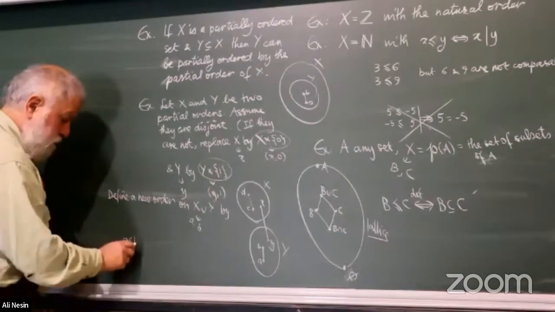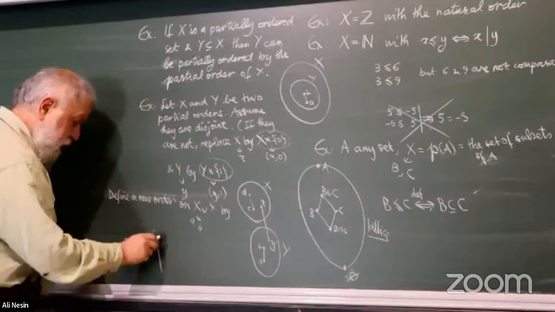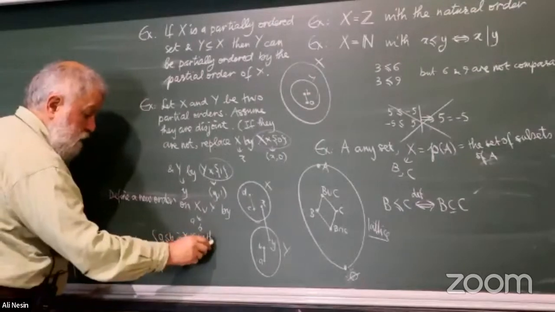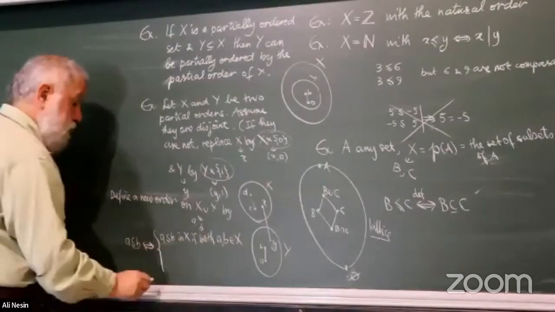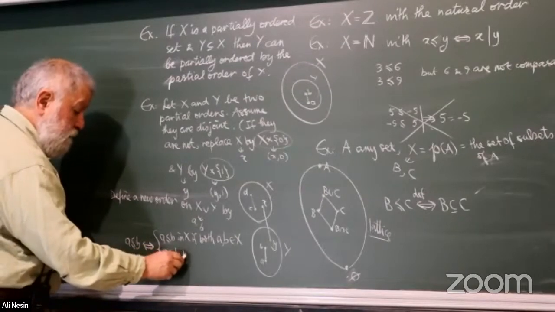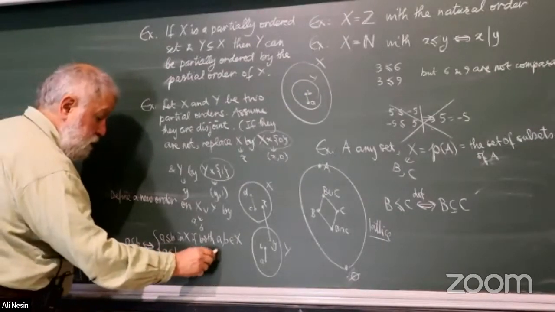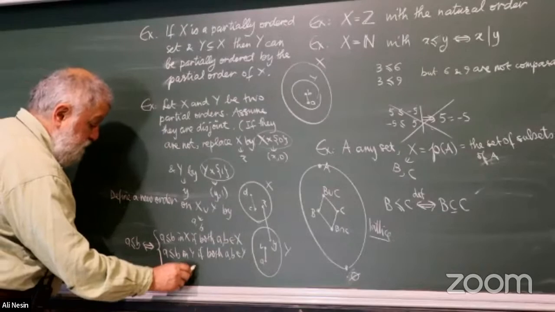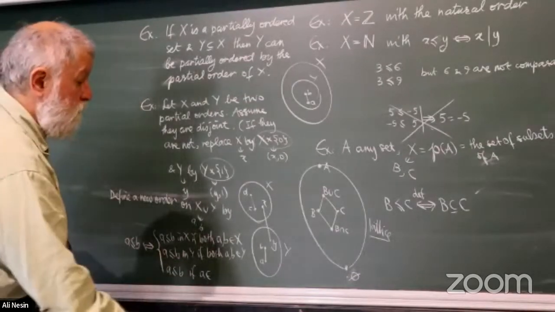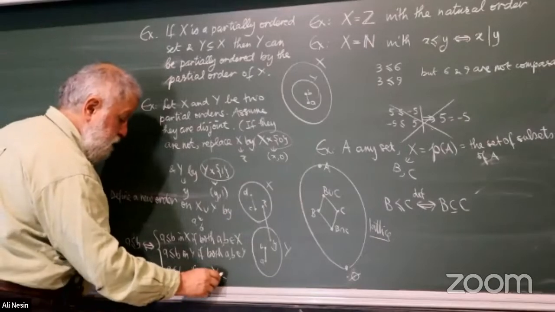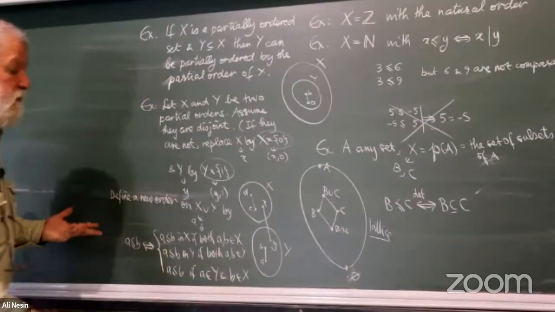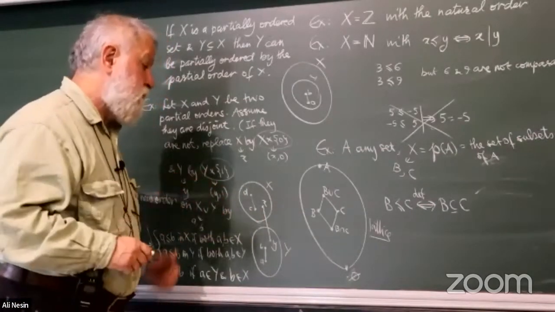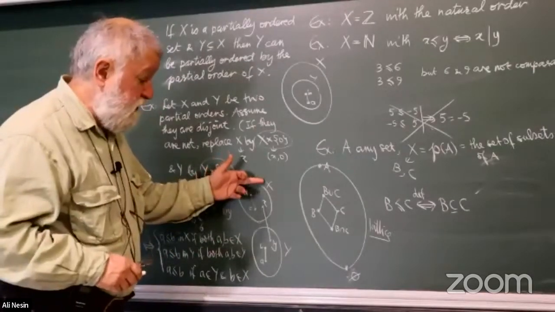A is less than or equal to b if and only if a is less than or equal to b in X, if both a and b are in X; a is less than or equal to b in Y, if both a and b are in Y; or a is in Y and b is in X. Then this is a partial order. You keep the same ordering in Y, the same ordering in X, and then you proclaim that the elements of X are larger than the elements of Y.